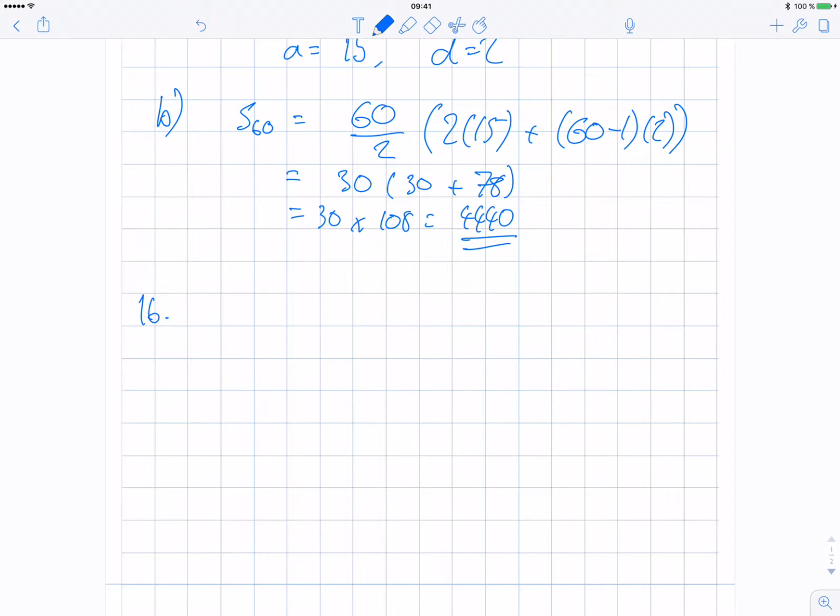So we need to know how many terms 160 is. I could just say, well, I know that the sum of n terms is equal to n over 2, a plus l.